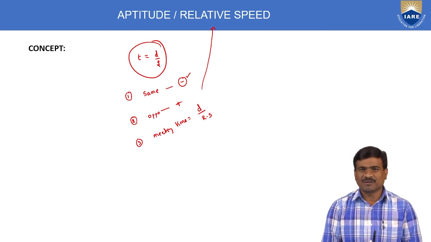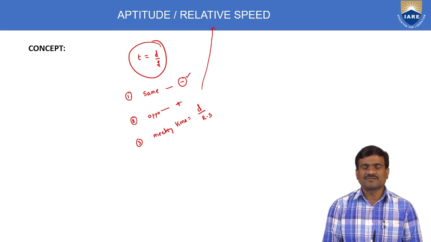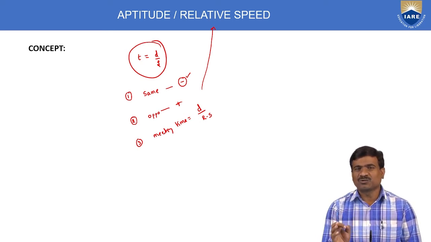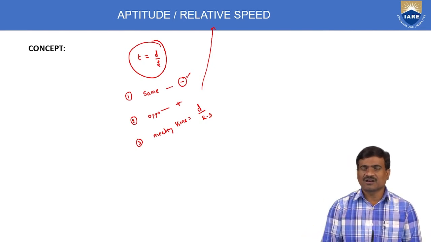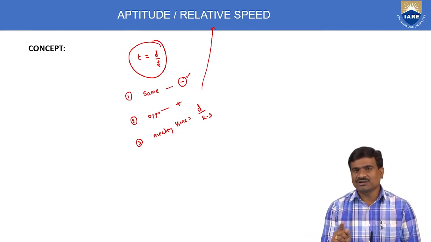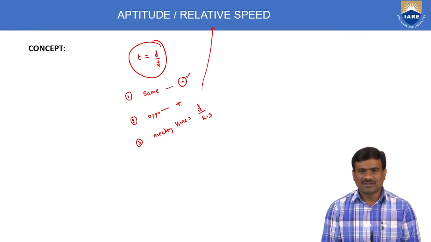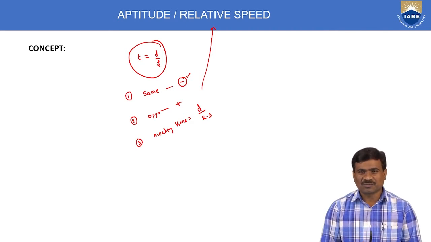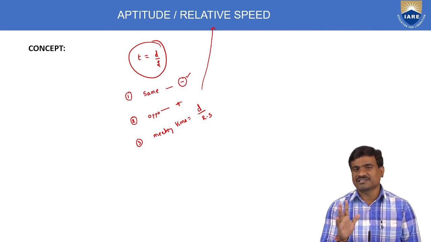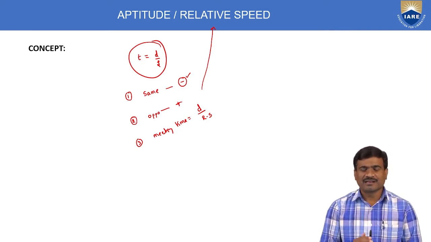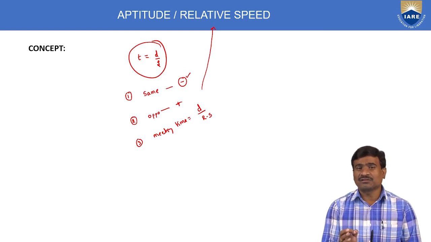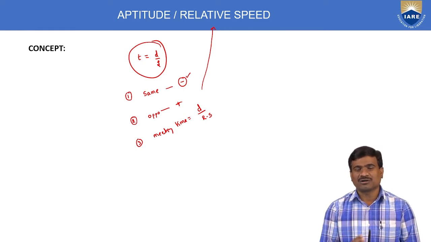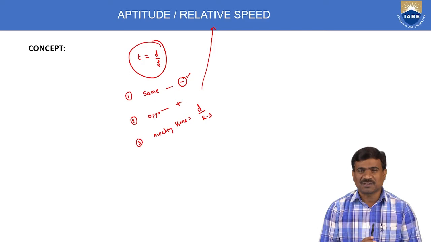First type: find the distance from station A where the two trains will meet, or from station B. Second: at what time will they meet, either from station A or from station B. Third: when will they meet. These types of questions are important for competitive exams and campus placements.